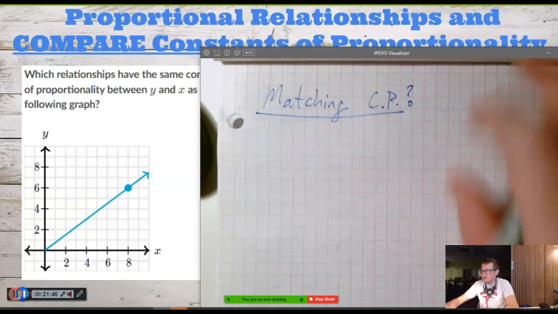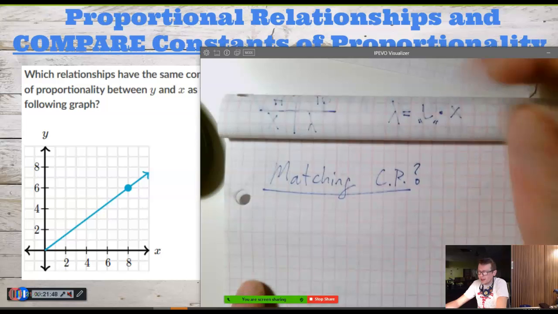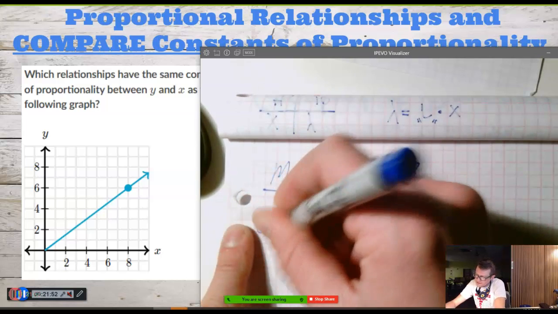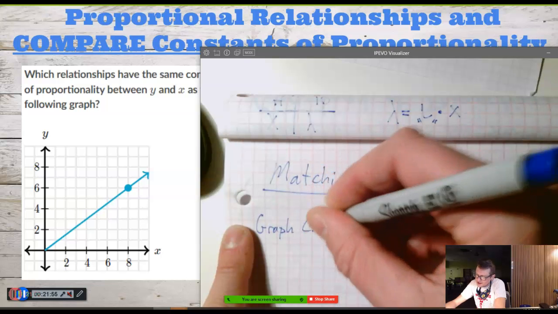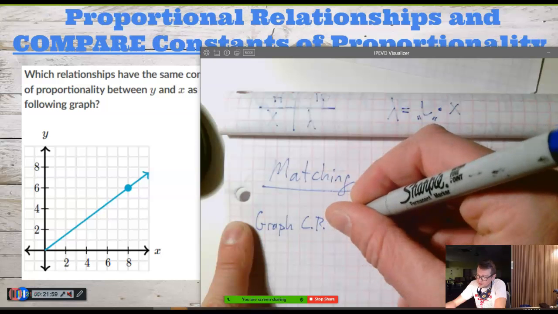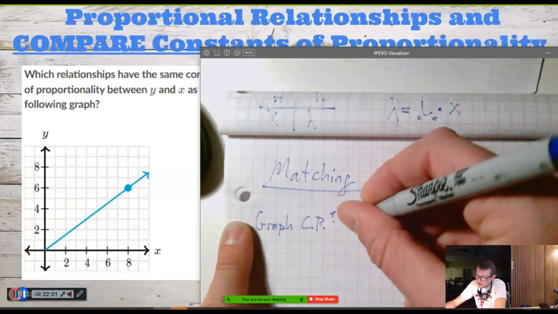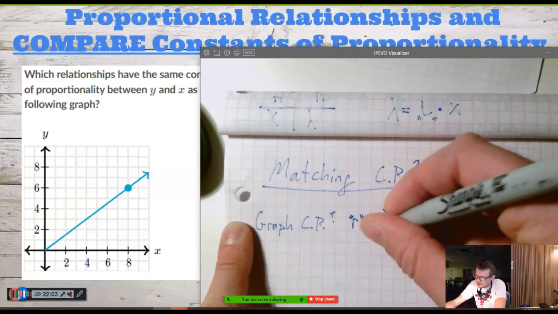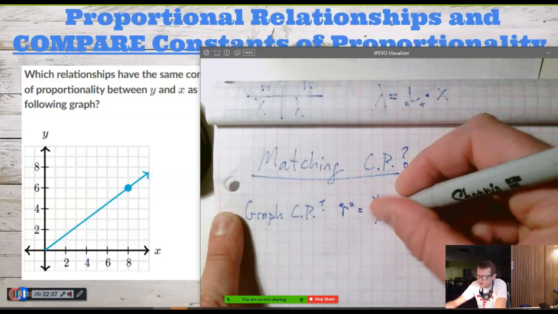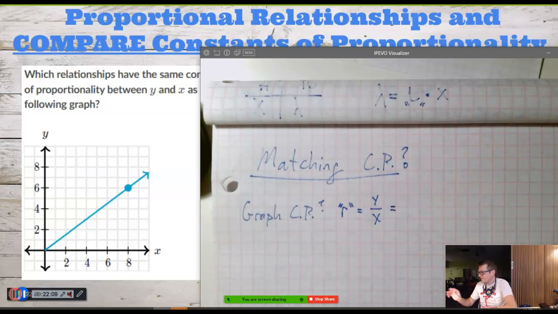The first thing we have to do, since they give us the graph to match, is say, what is the graph's constant of proportionality? Again, to answer that, whether we call it R or K or whatever we want, it's the y over the x. So who can tell me a y over x here from a point on the line? They give us a point.